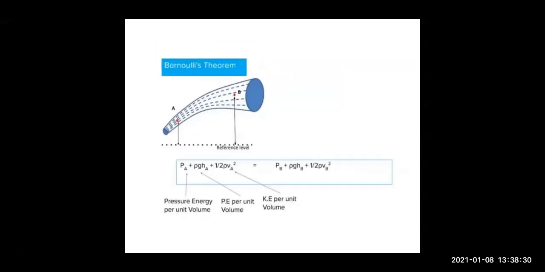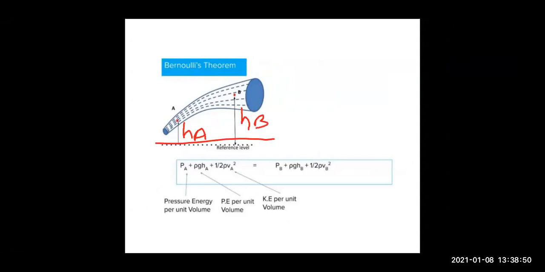So let us see what the Bernoulli theorem says. We have taken a pipe of varying structure, and in this pipe we have two points. This is point A, this is point B, and from the reference level, the height of point A is HA and the height of point B is HB.